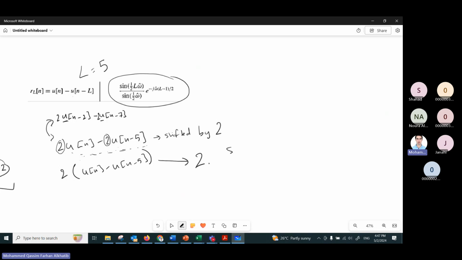So you will get sine 5 over 2 plus 1 over 2 times 5 omega over sine 1 over 2 times e to the power minus j omega. Now L minus 1 divided by 2: 5 minus 1 is 4, divided by 2, that's 2.